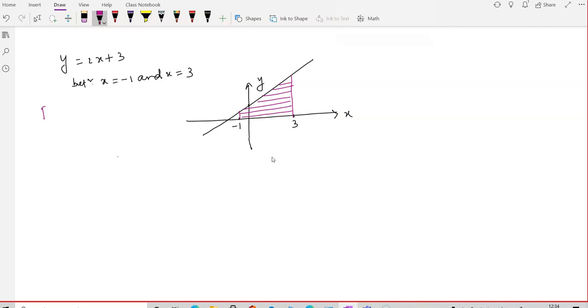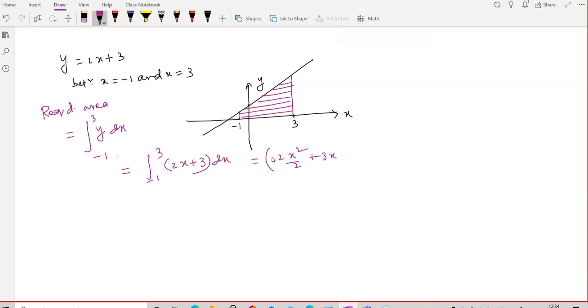So you will write required area equal to, this is with x-axis, so we will be using this form, integral of y dx between minus 1 and 3. This is nothing but integral from minus 1 to 3 of 2x plus 3 dx. Just simplify it. 2x squared by 2 plus 3x.